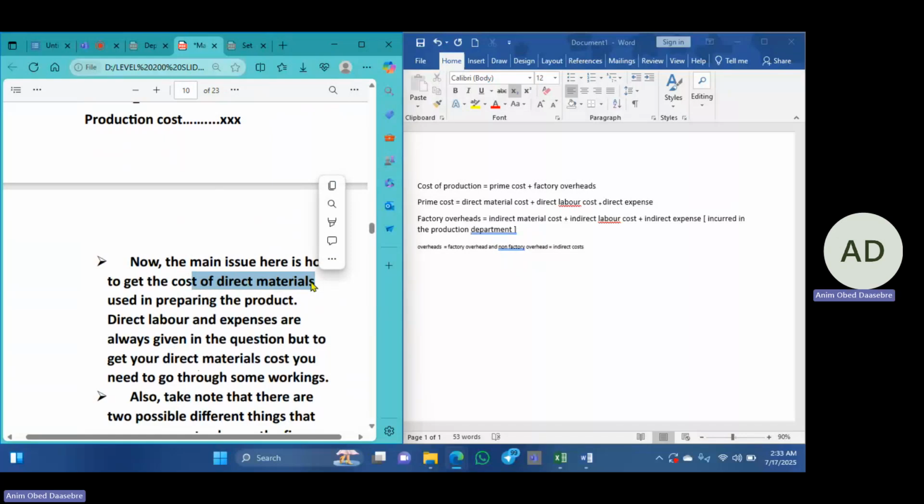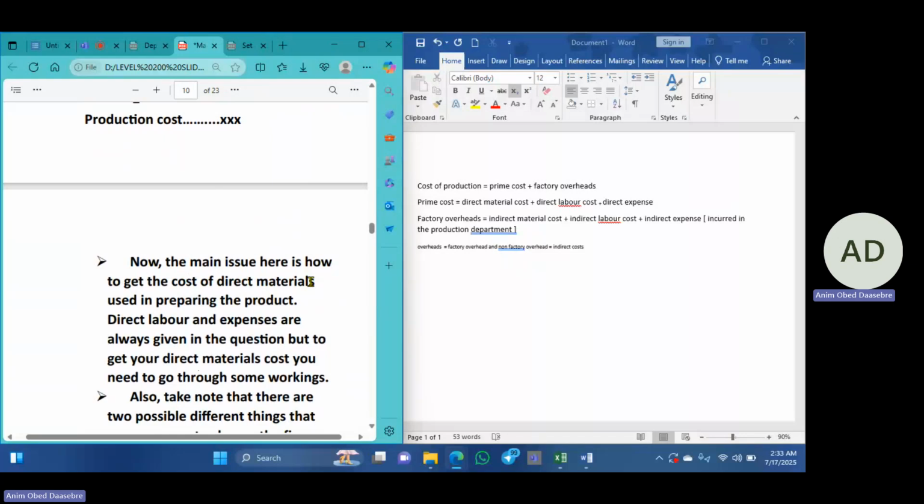Here, it is the same way we use to find the cost of sales under the income statement. That is the same way you are going to compute for the cost of direct material.